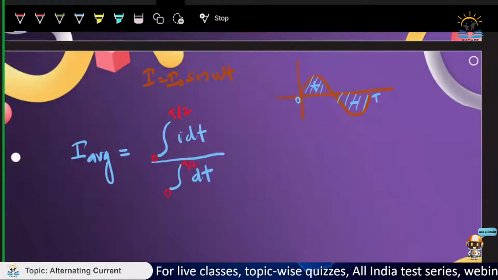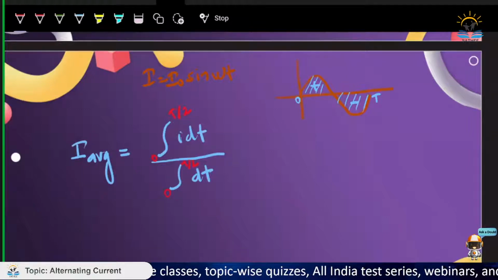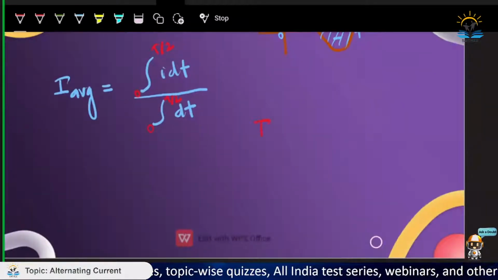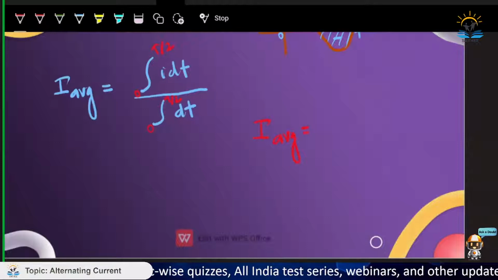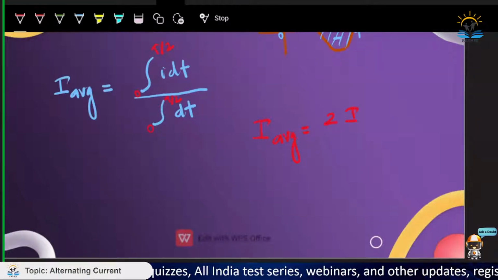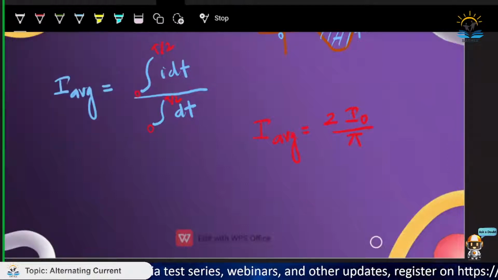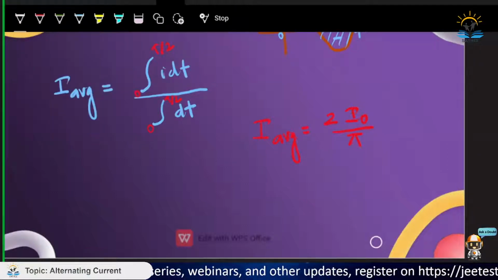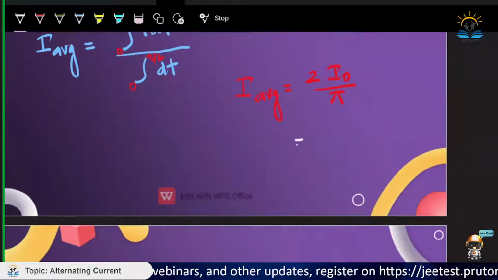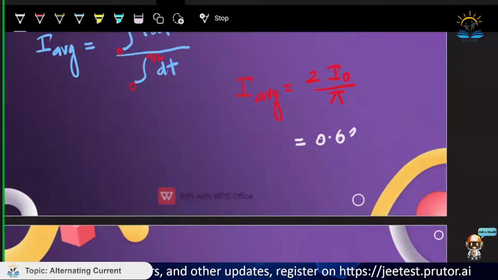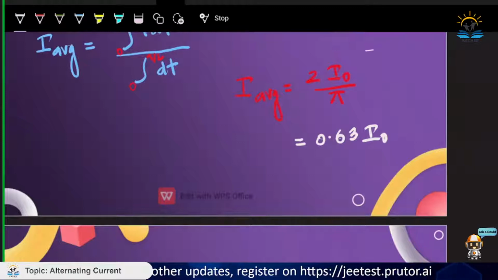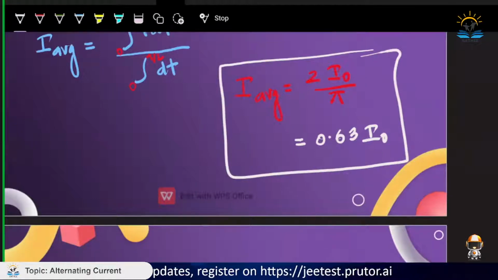If we integrate these, we will get I average equals 2 I naught divided by pi. This 2 by pi is 0.63, so I average equals 2 I naught by pi or 0.63 I naught.